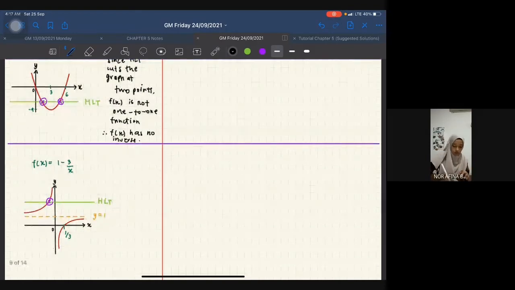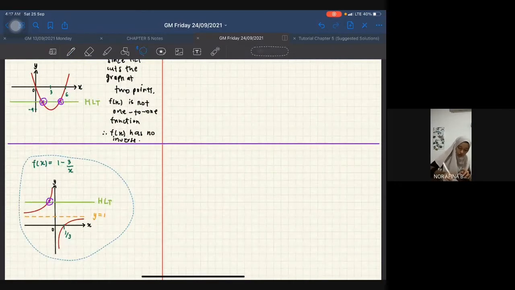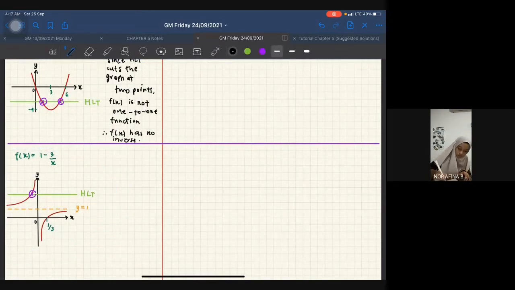Okay, so again, let's write the conclusion dekat sini. So since HLT cuts the graph at only one point. Sorry to saya buruk sikit.